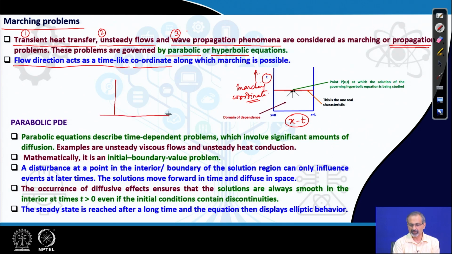An example of unsteady flow can be imagined this way. Let us say you have a channel within which you have a stagnant viscous fluid, and then at t equal to 0 plus, that means a small instant after t equal to 0, you suddenly move this upper plate with some velocity.